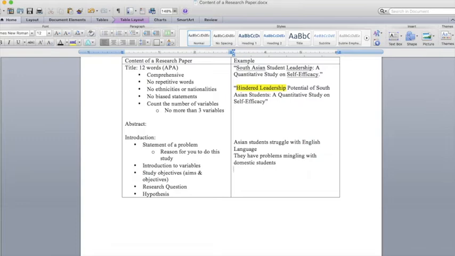Because my study is about leadership. So has this anything to do with leadership? Now I need to find some documented problems about Asian students not in leadership positions. Now I was very lucky because I found a paper where it says most Asian students do not view themselves as leaders. Okay. Most Asian students do not view themselves as leaders.